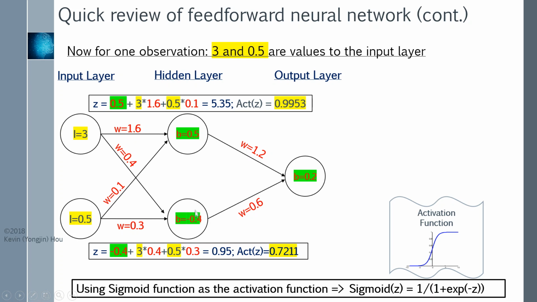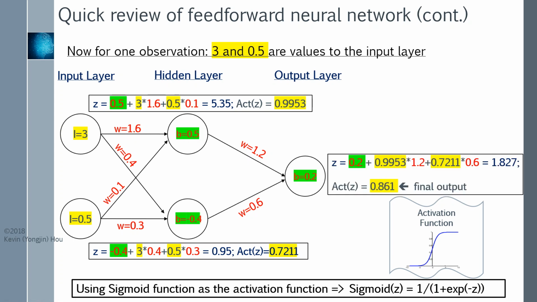So this is not done yet, because so far we have only reached the two nodes on the hidden layer after all these calculations. Finally, we need to know what's going to be output on the output layer. On this output layer, the threshold is 0.2.